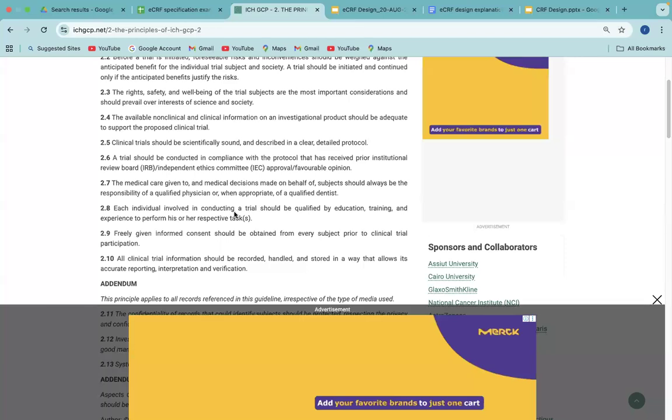And freely given informed consent should be obtained from every subject in every clinical trial. It has to inform about all the benefits and the risks in an informed consent form. That is the reason that whenever a patient is participating in a clinical trial, the first thing that we do is give the informed consent form.